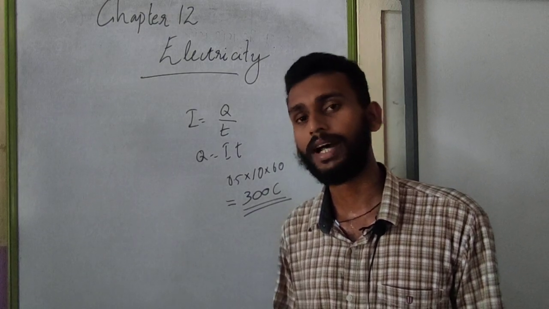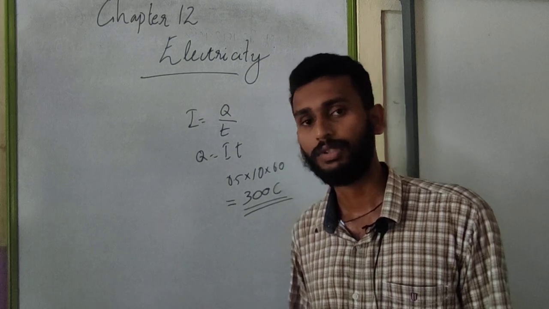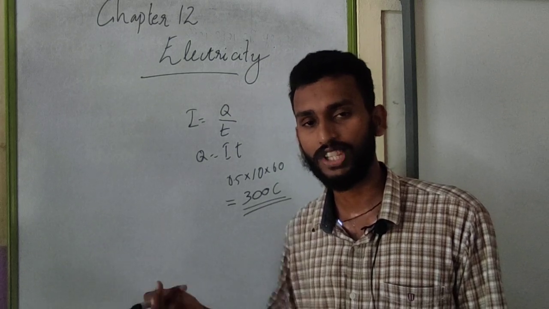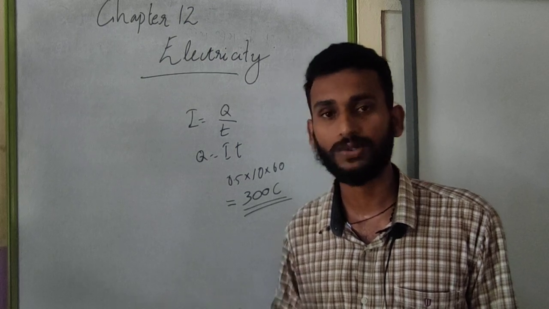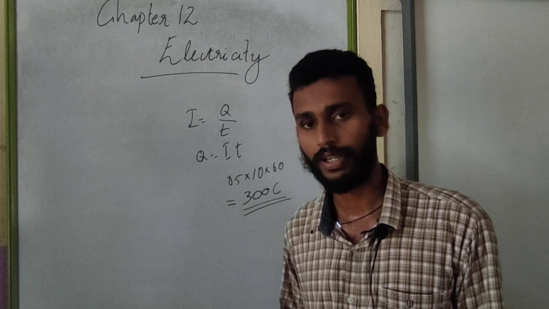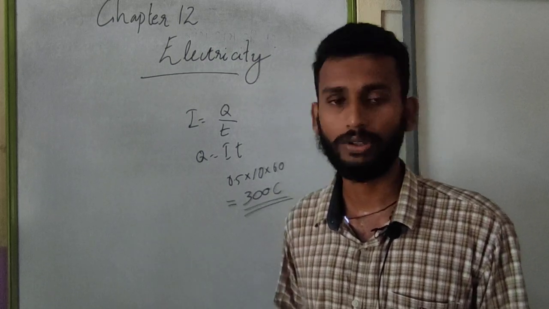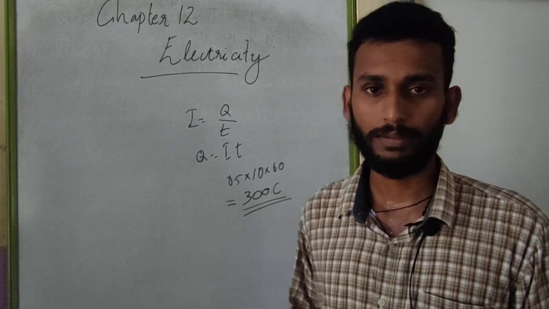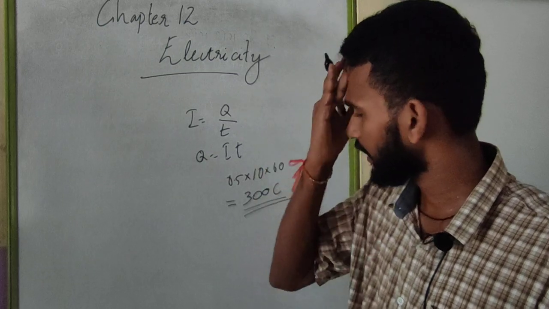So the closed path through which the current is flowing is known as the electric circuit, which contains resistors, capacitors, cells, rheostat, all those things. Those are the electric equipments. The function of those things and the symbols that you have to study in this chapter, we will discuss when they come.